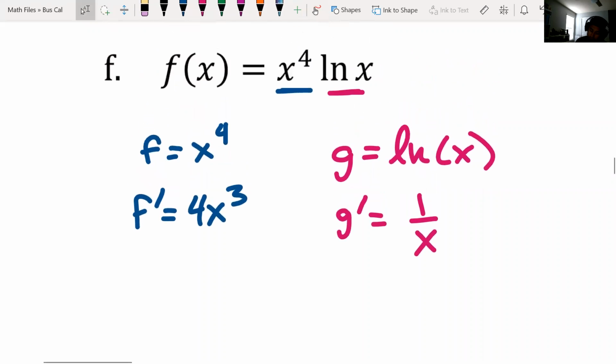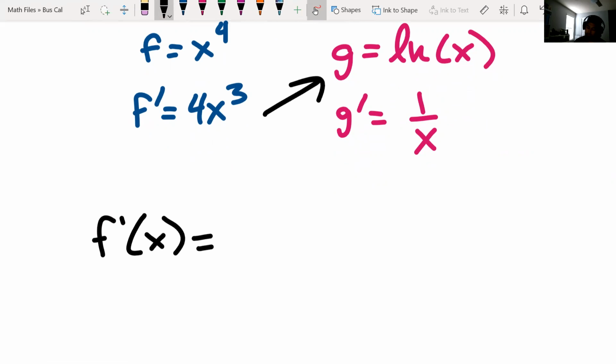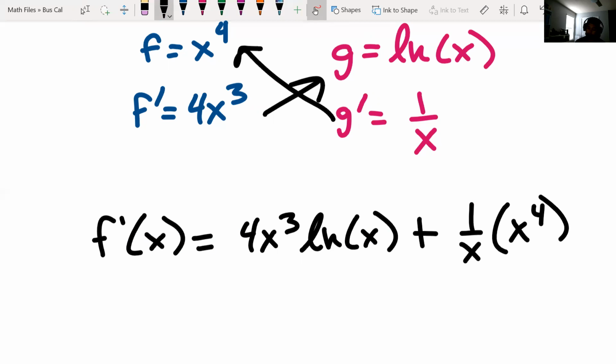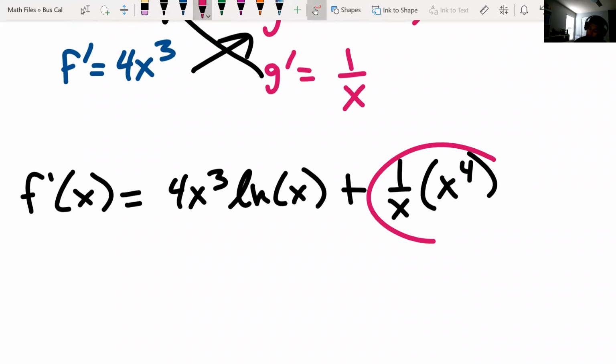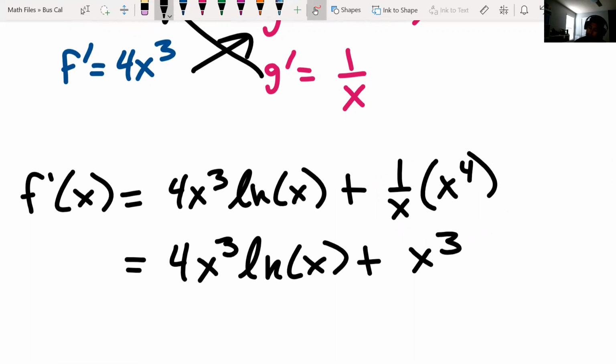We are taking the derivative of f of x again. So f prime of x, and we get f prime g, 4x cubed times the natural log of x, plus g prime f, 1 over x, times x to the fourth. So all we have to do is clean up these two. That's it. So this is going to become 4x cubed natural log x plus x cubed.